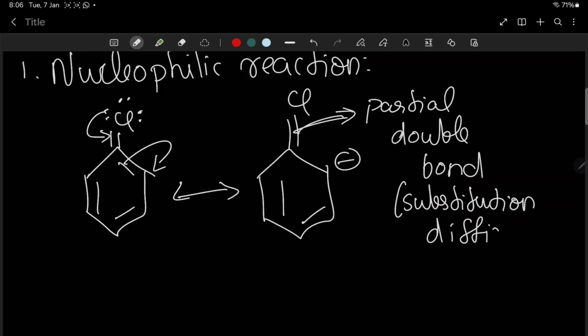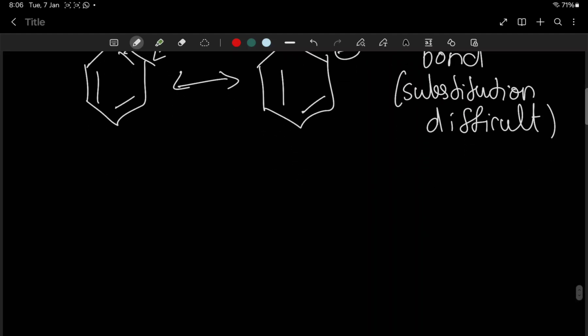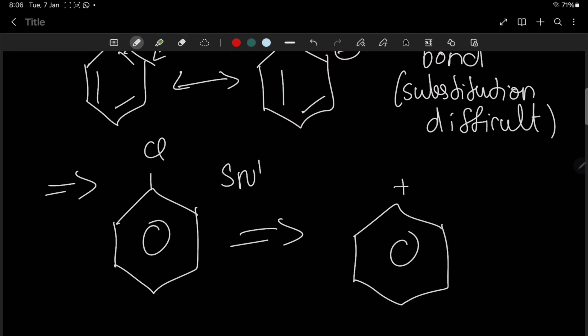But still the OH group will be substituted at a very high temperature, that is 623 Kelvin or something like that. Another reason for its inability to undergo substitution is that if we consider an SN1 reaction, a carbocation should be formed. Here the carbocation is this one.